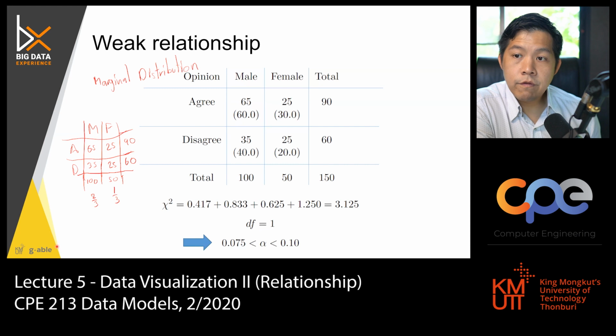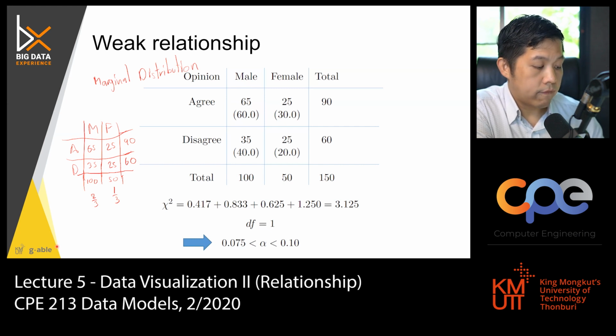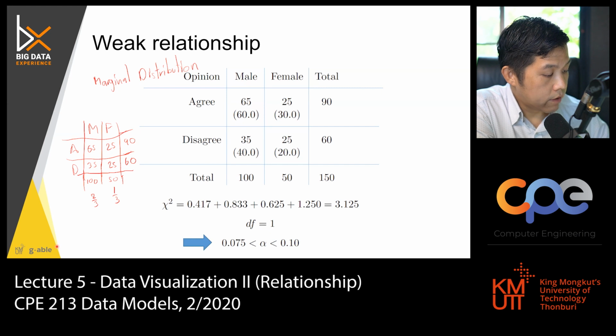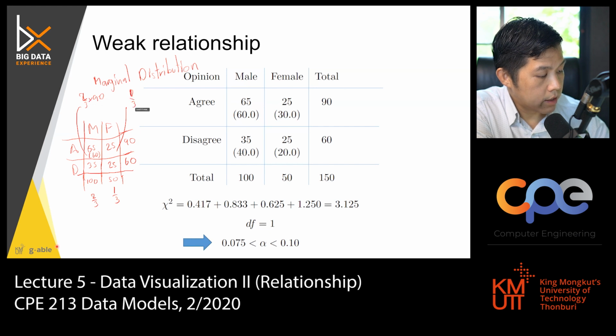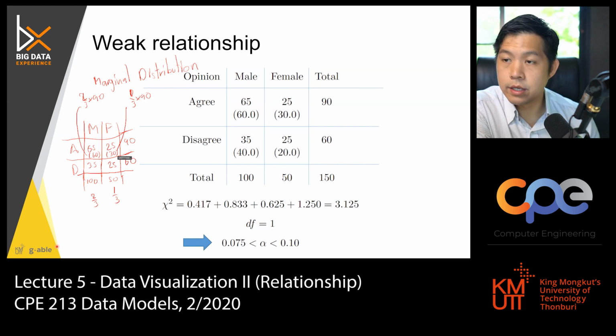So if the two variables are not related, the rate has to be the same. That means for those who agree, 2/3 should be male and 1/3 female. For this cell, it's 1/3 times 90, which equals 30, and for this one it's 2/3 times 90, which is 60. That's why you see the values here.